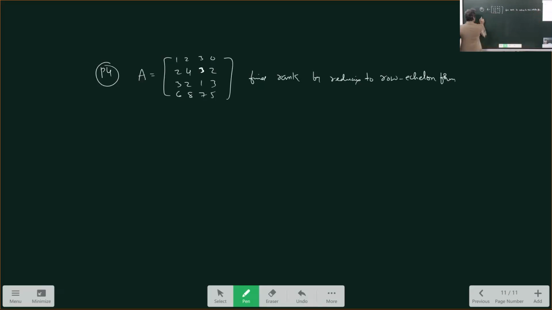Then P5. Based upon the time, you can work it. They are all not compulsory to submit. There is no submission for these problems. According to your time and convenience, you can practice these problems.